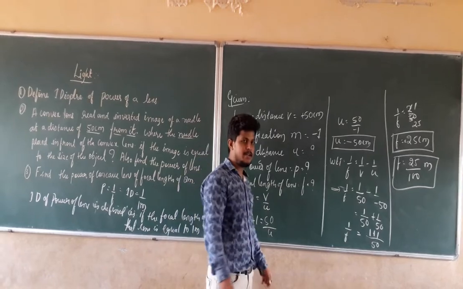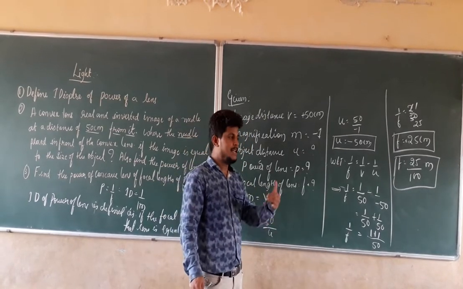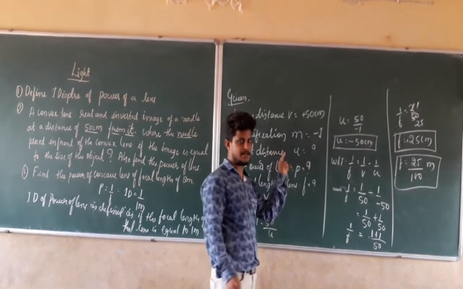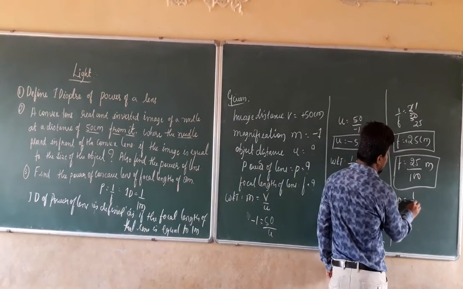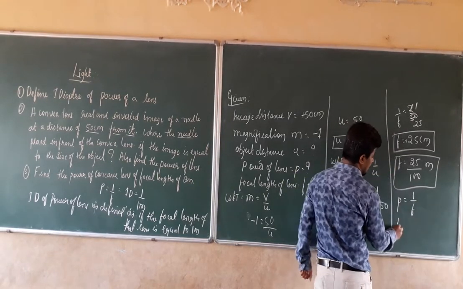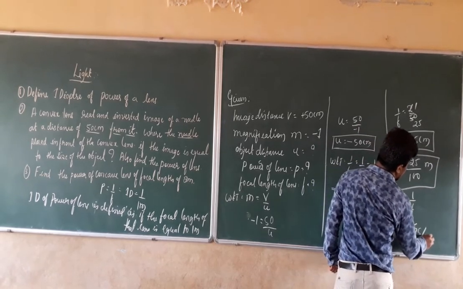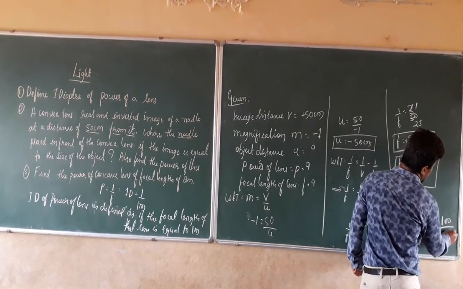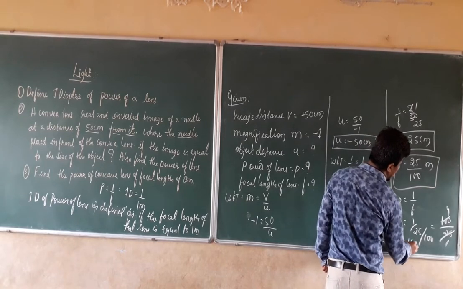If you remember, 1 meter equal to 100 centimeters, and the same way 1 centimeter equal to 1 divided by 100 meters. Then power of the lens P equal to 1 by f, therefore P equal to 1 divided by 25 divided by 100, which equals 100 divided by 25. Therefore, P equal to 4 diopters.